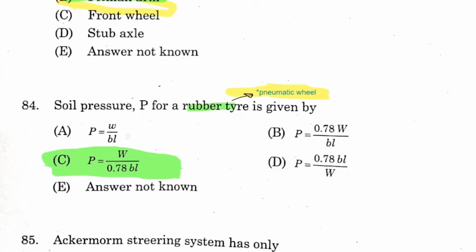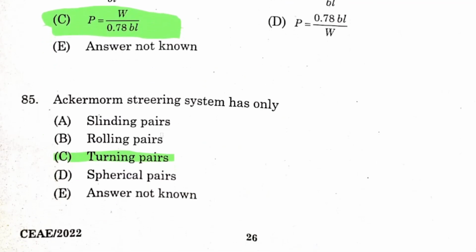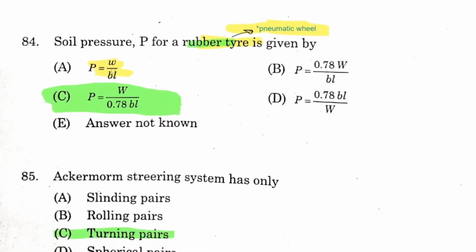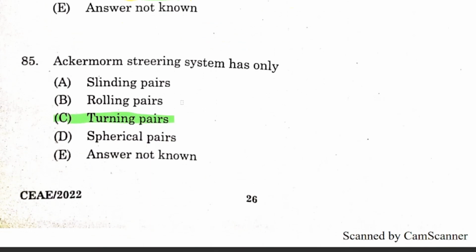And if chain type or track type tire is mentioned here, then option A should be correct for track type tire, and this is absolutely true for pneumatic wheel or pneumatic tire. Next question is 85.